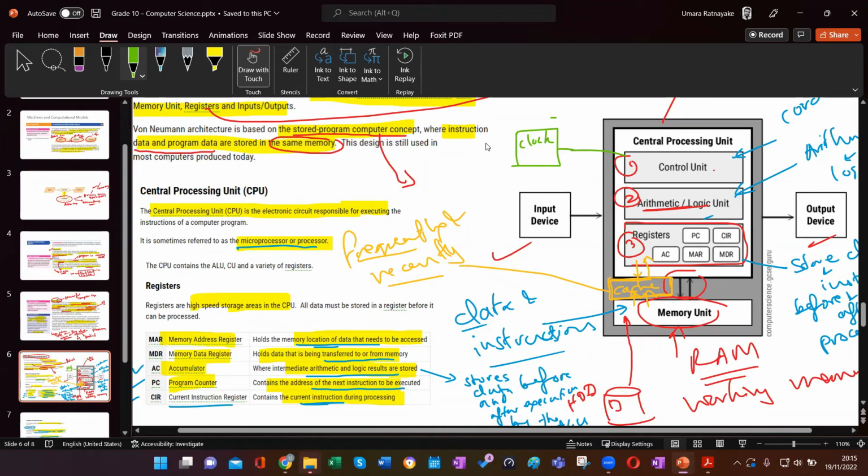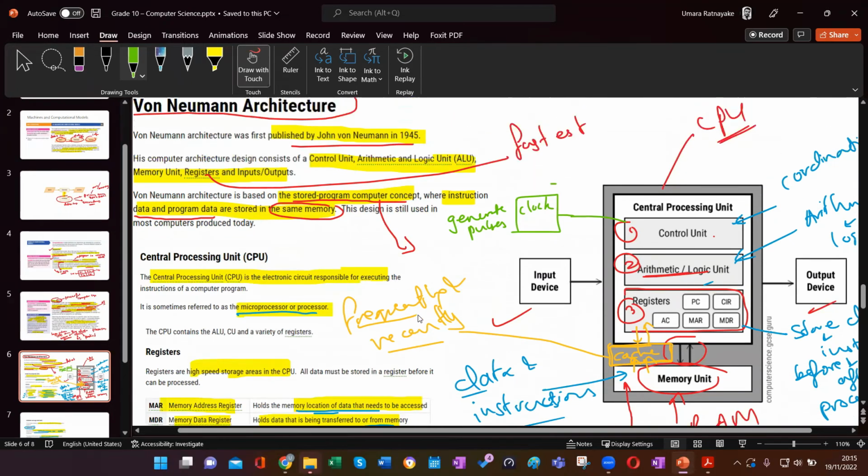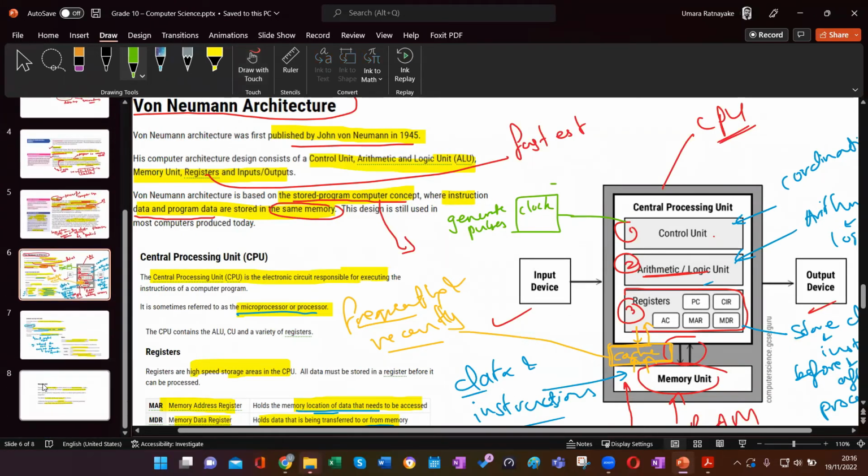So the purpose of the clock is to generate pulses, like tick, tick, tick, tick. How many pulses are generated is known as clock speed. I'll write that here.